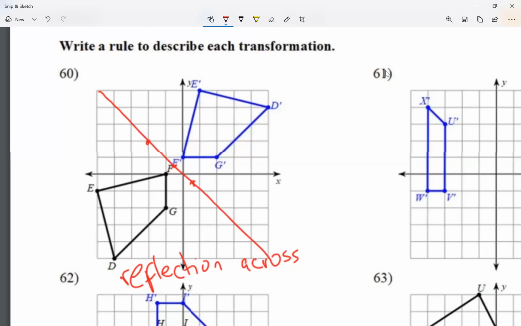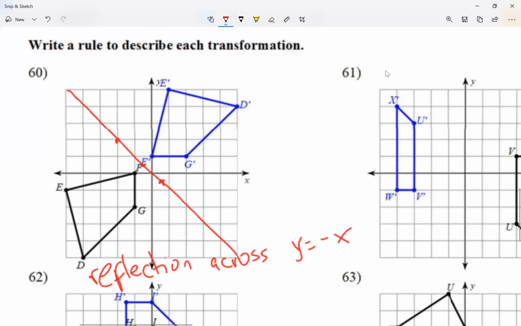You can see it in red. It goes through the origin, going straight from one corner to the other, going down. That is the line y equals negative x.